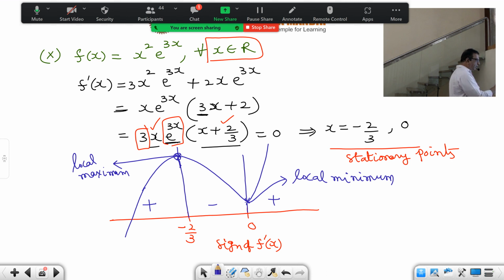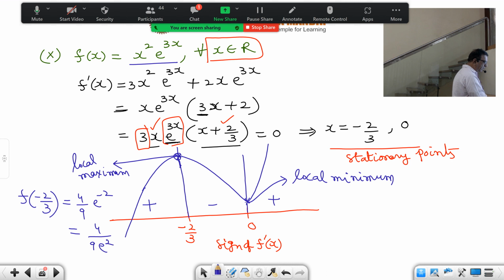Local maximum value is what? f of minus 2 by 3. That we have to put in the original function. Minus 2 by 3 whole square, original function x square into e power 3x. Minus 2 by 3 whole square is 4 by 9. e power 3 into minus 2 by 3, e power minus 2. So this I can write as 4 by 9 e square, bringing e power minus 2 to the denominator.